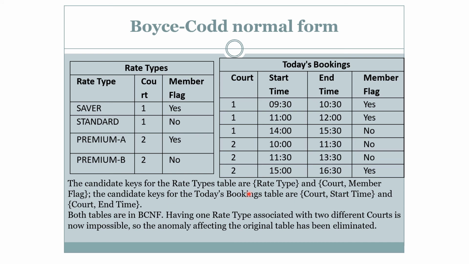So these two can be candidate keys of this table. Both tables are in BCNF. Having one rate type associated with two different courts is now impossible. So the anomaly affecting the original table has been eliminated.